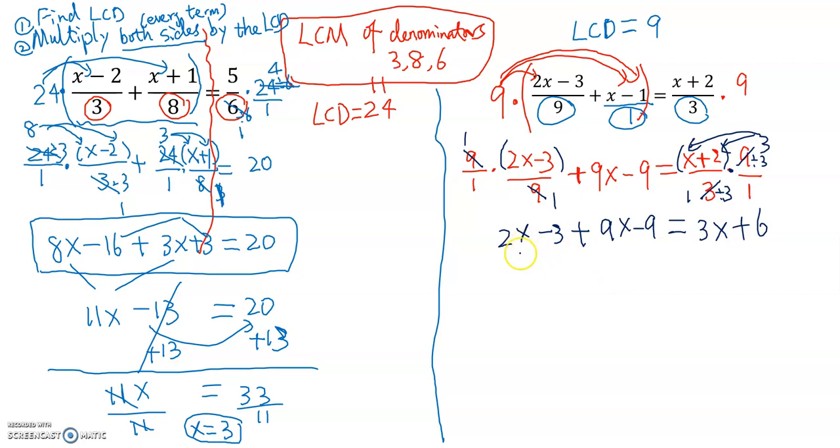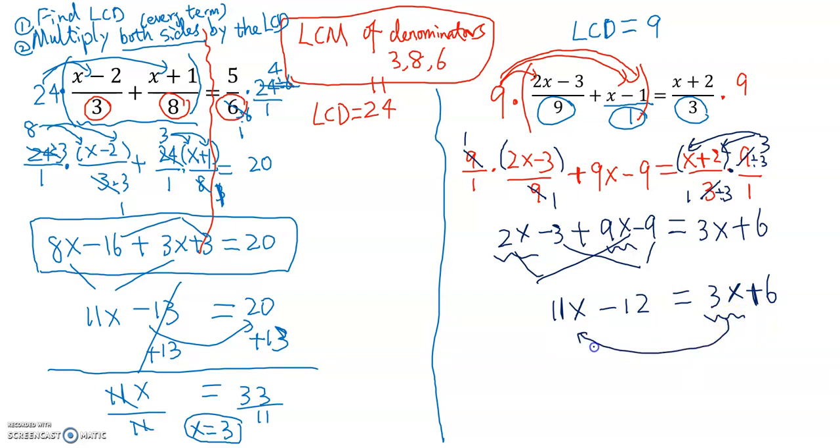So we can solve this by combining like terms first. So that gives us 11x. And these two like terms give us negative 12. Now, there is still a variable term on the right-hand side. I'm going to move it to the left so I can combine them. So we subtract 3x from both sides.